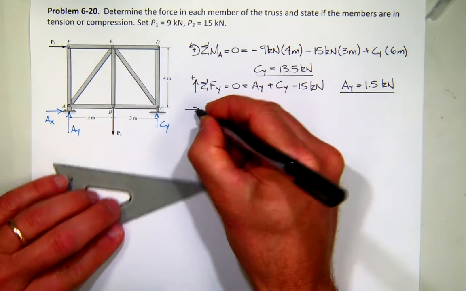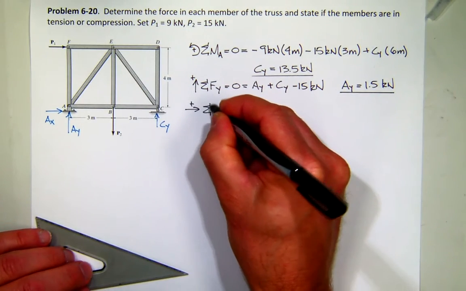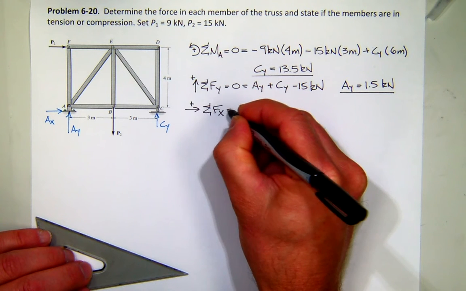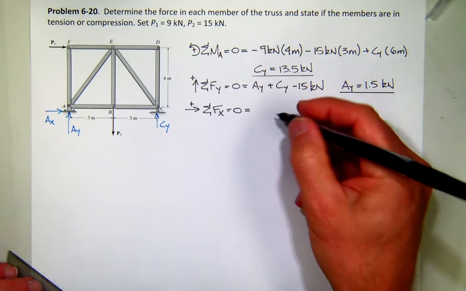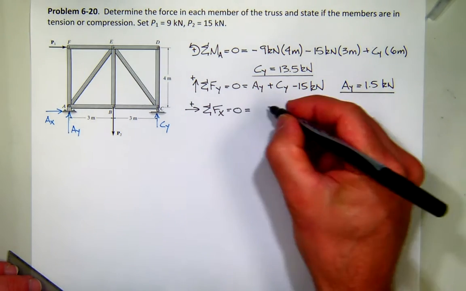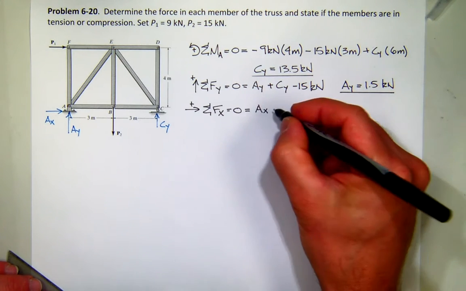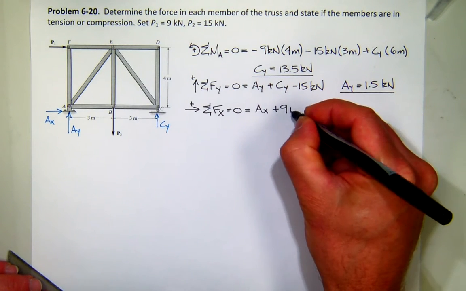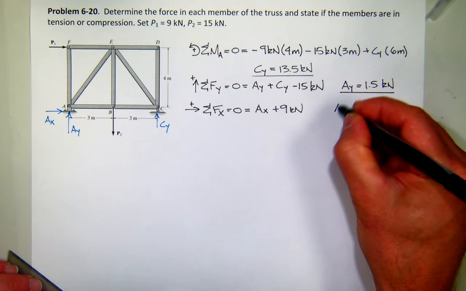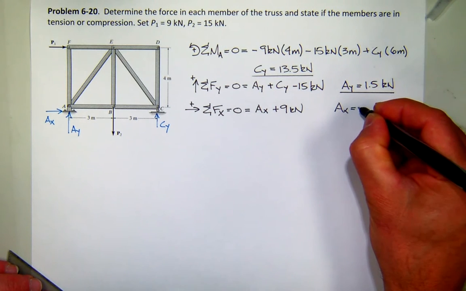And then I can sum forces in the x direction. I have Ax positive, and P1 is also positive. So it looks like Ax would be negative 9.